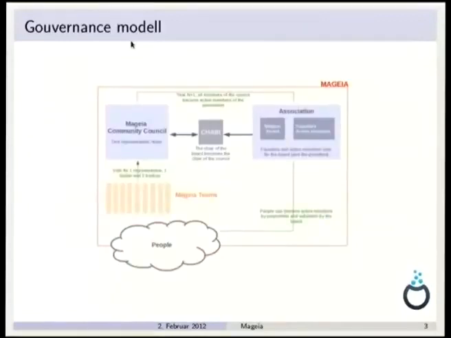A little bit about Mageia and how those local community teams will fit into our overall structure. We have two bodies. One is the association doing all the legal stuff, holding the assets, taking donations and things like that. And the other one is the Mageia project with the council leading it.